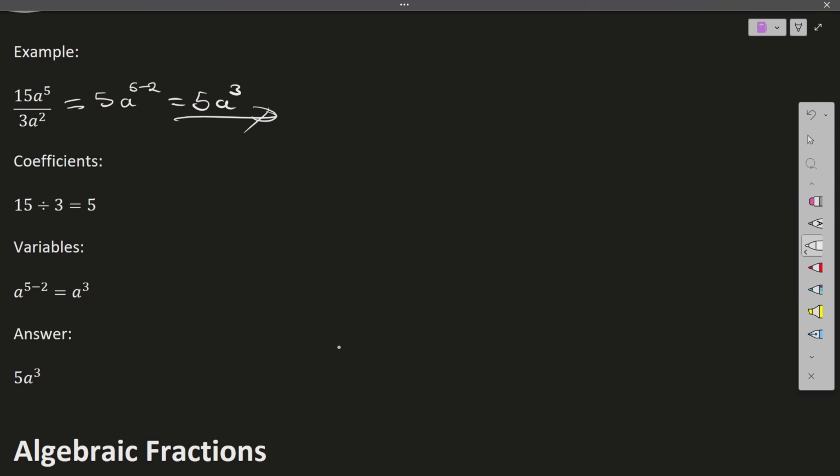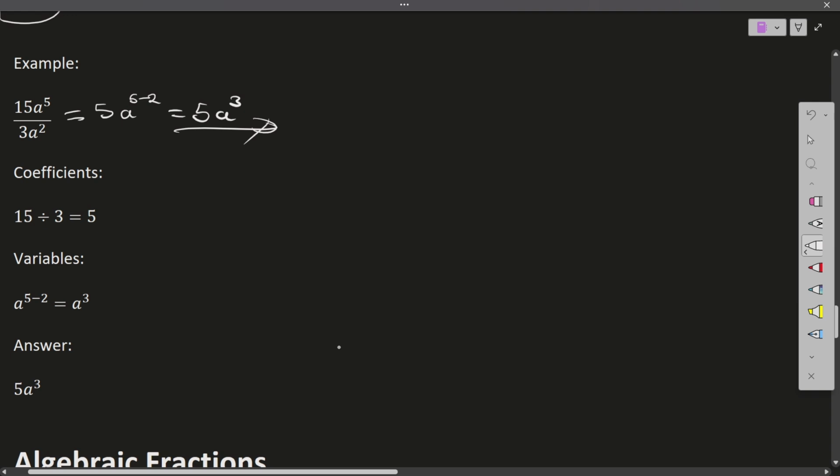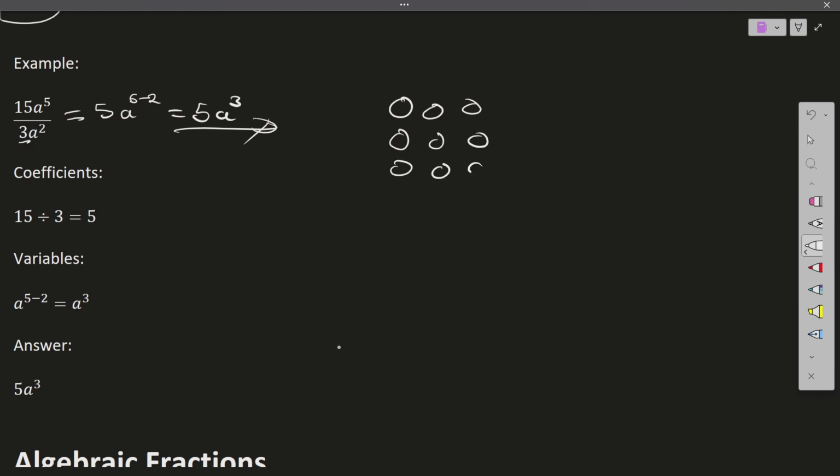You can just rewind if you don't know how to do it, but let me just do it anyway so you can understand. We're dividing by 3. 1 2 3, 1 2 3, 1 2 3, 1 2 3. How many do we have so far? We have 12. 1 2 3. We added 3 more, and now we have 15.